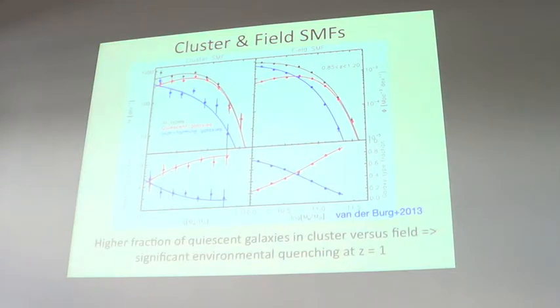The first thing you can see very clearly, on the bottom here, is that there is a higher fraction of quiescent galaxies in clusters versus the field. I'm not really telling you anything new here, but I'm reminding you that this means there's significant environmental quenching going on at redshift 1. How do you tell the difference between the two?